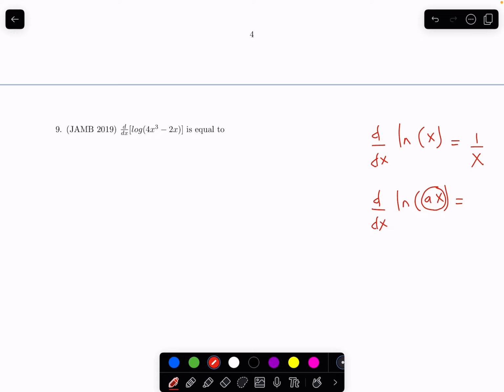The derivative of ax is a, because a is a constant, divided by ax, that thing exactly.